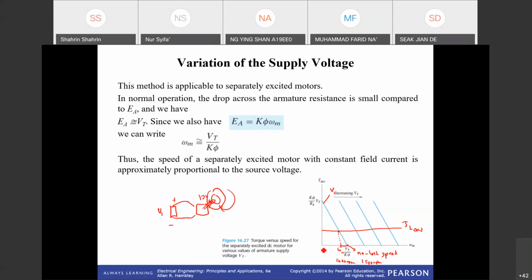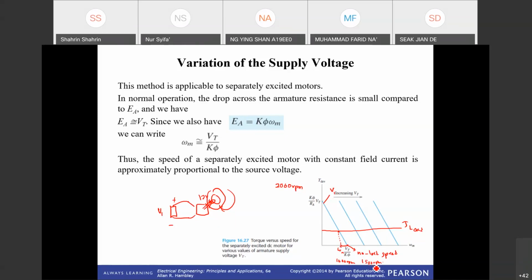In your application, with the same amount of torque load, you want to increase the speed to 2000 RPM. If you maintain the voltage supply at V1, you cannot reach 2000 RPM because the maximum speed for this characteristic with a voltage supply V1 is 1500 RPM.